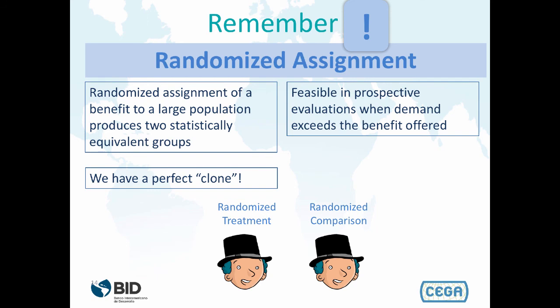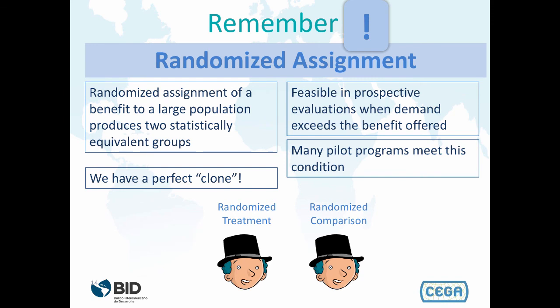It's feasible in prospective evaluations whenever demand exceeds the amount of resources we have for people, or we have to phase them in over time. Many pilot programs meet this condition, and so there are many opportunities to do random assignment in the real world.